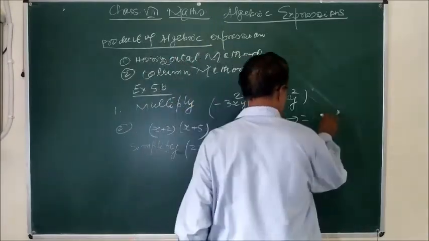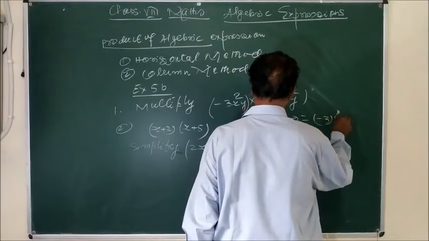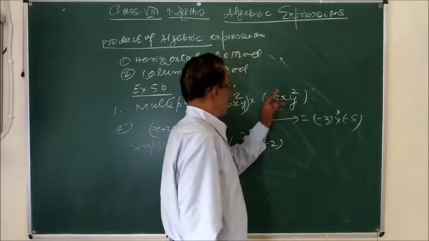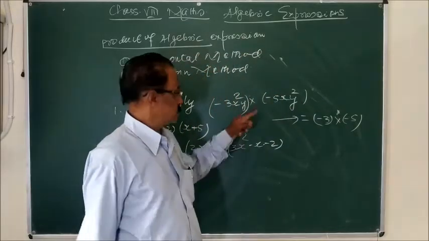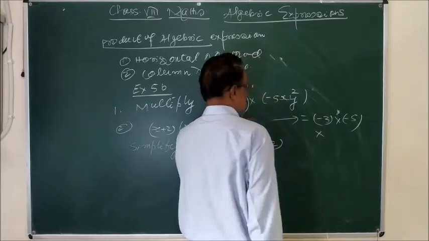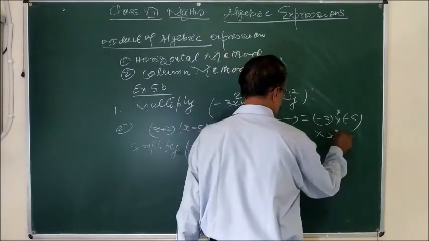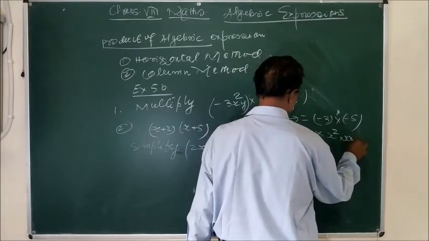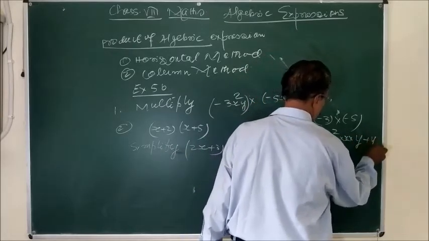So minus 3 into minus 5. These are the numerical coefficients of these two terms. And then you come to the variables. x squared into x, y into y squared.